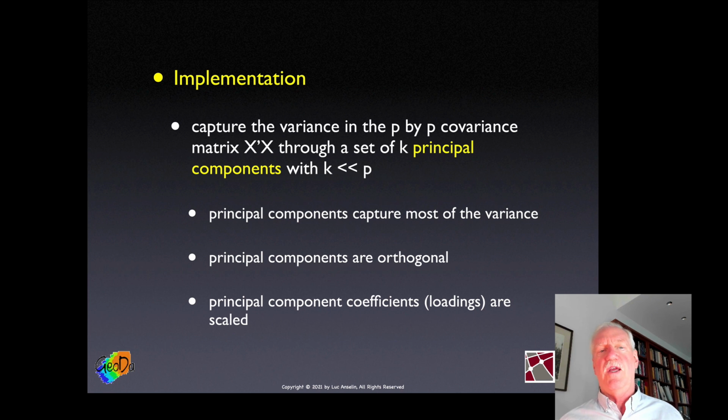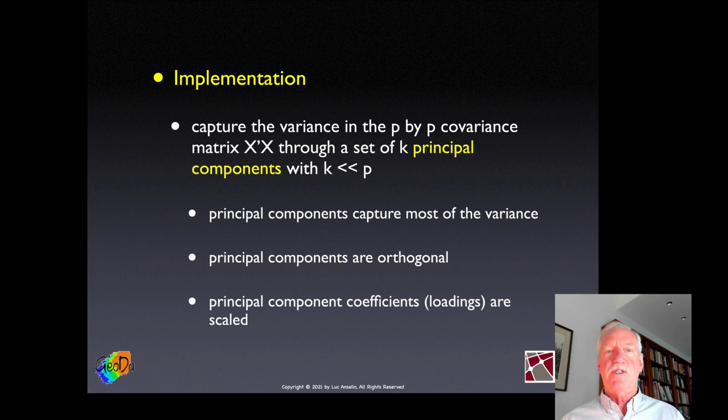So the three results that we get by solving this problem, I won't do this in mathematical detail here, you can find this in a range of different textbooks, but the idea is, first of all, you want to capture as much of the variance as possible.